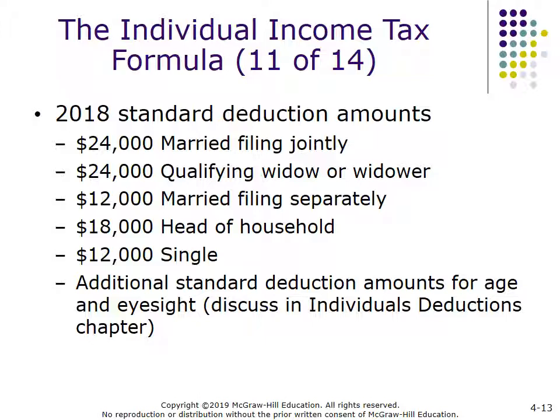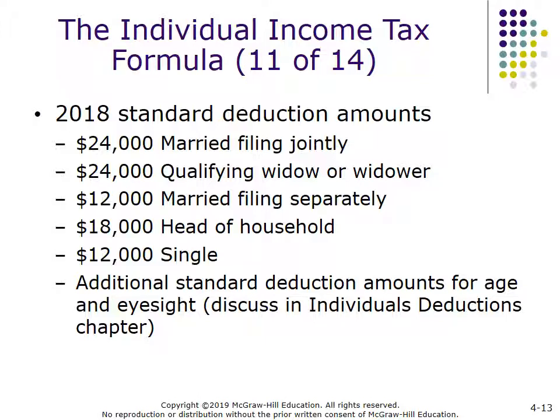Now remember, we're talking about standard deduction. For 2018, we have our dollar amounts. Remember we said we compare your standard deduction to your itemized deduction. Well, the amount of your standard deduction is based on your filing status. So if you are married filing jointly, you have a $24,000 standard deduction in 2018.